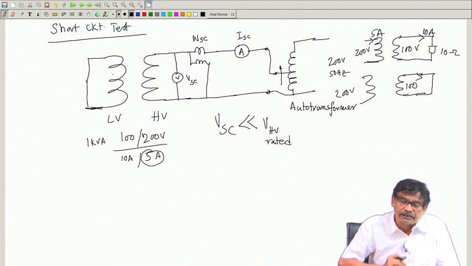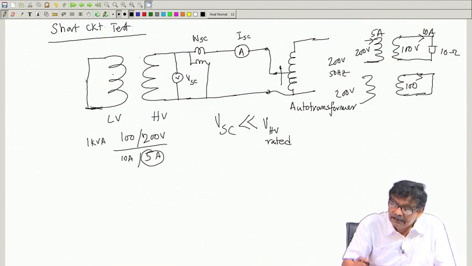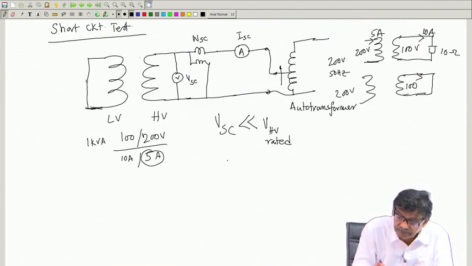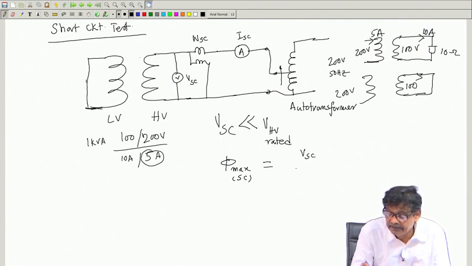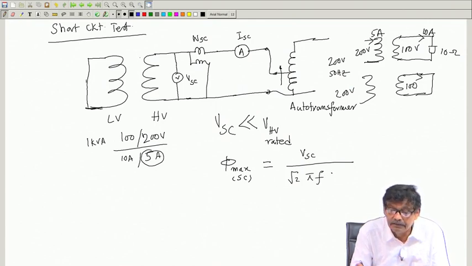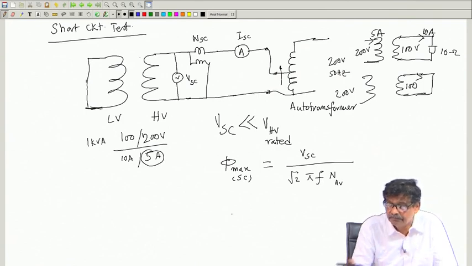Now, during the short circuit test, the level of flux phi max in the core of the transformer will be V_SC divided by root 2 pi f into the number of turns of the HV side, is it not?